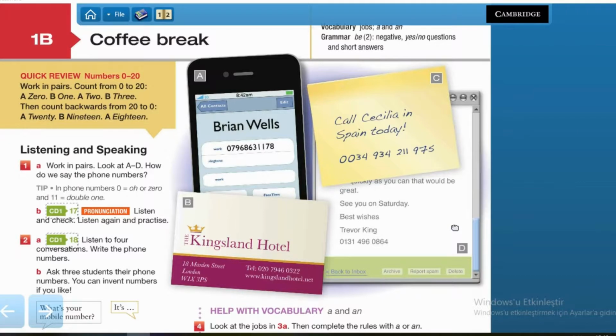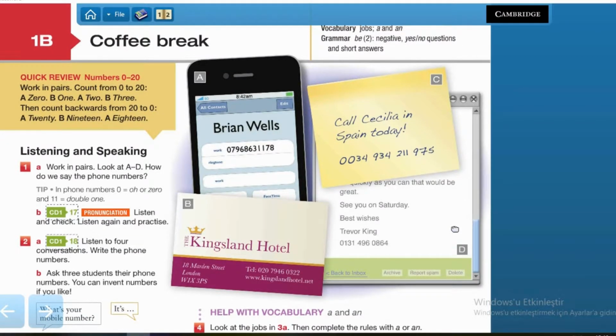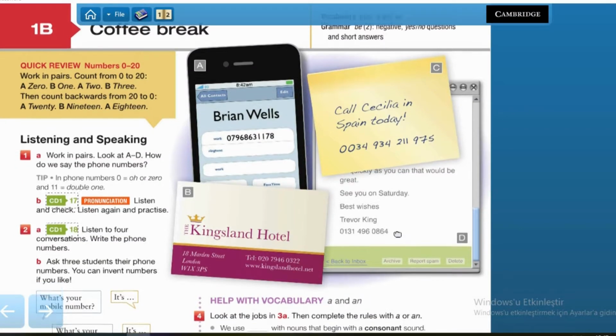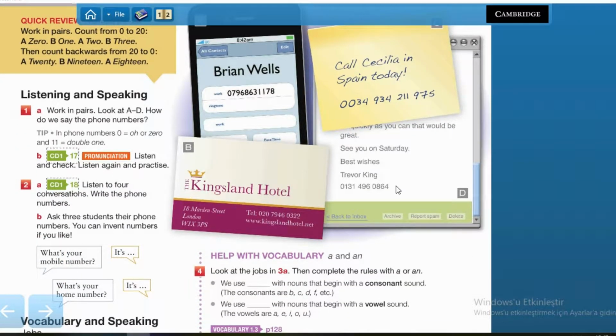So Cecilia's number in Spain is 00, we can say double zero, or you can say one by one, 0003493423111167 and 5. We have here Kingsland Hotel. So the number of Kingsland Hotel is 02079460322.